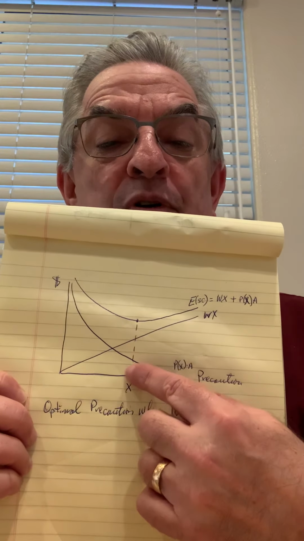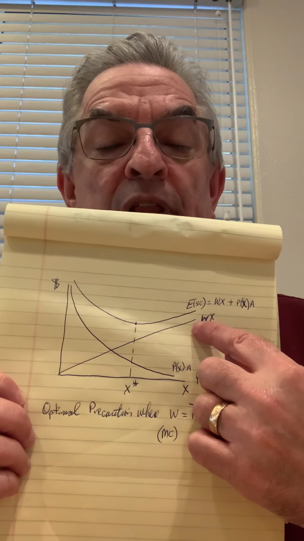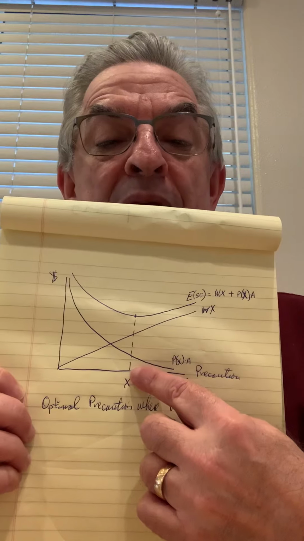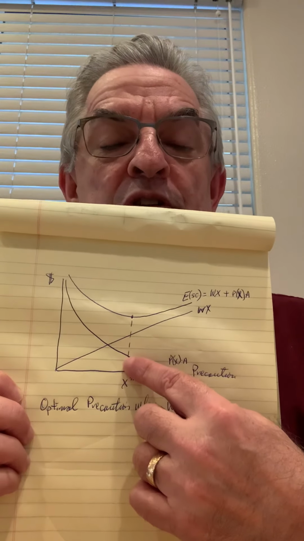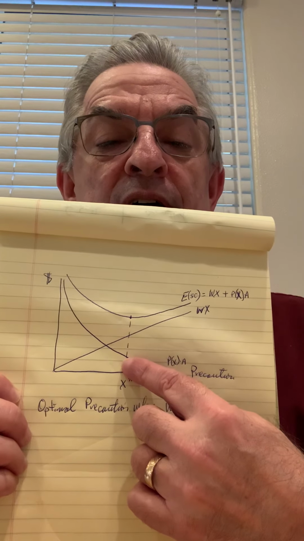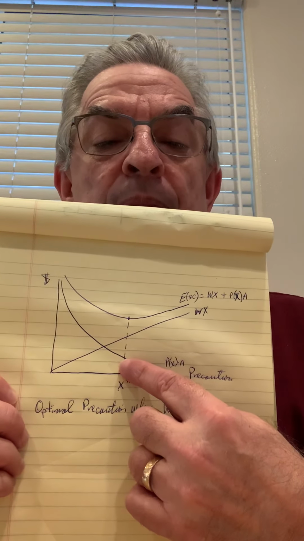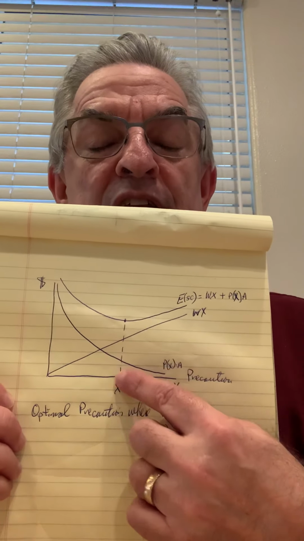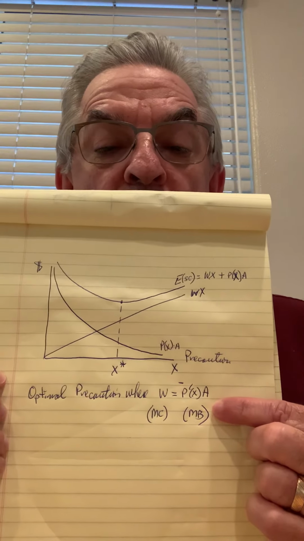And in my example here, the slope in absolute value, W is the slope related to precaution. P prime of X times A is going to be the slope of the diagram here. We set these equal to each other, and that's how we get the optimal precaution rule.